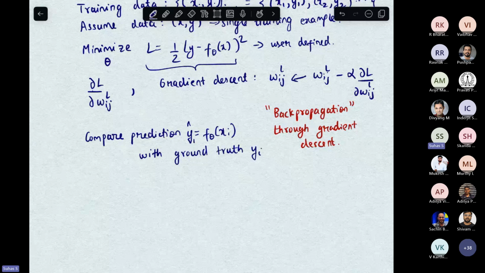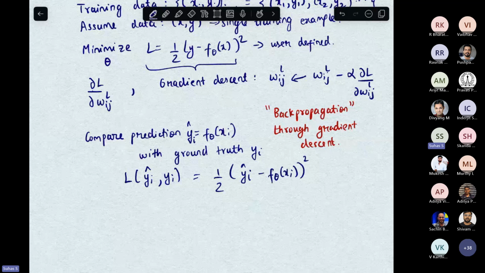So you compare the loss between y hat i and yi, which is the squared error.